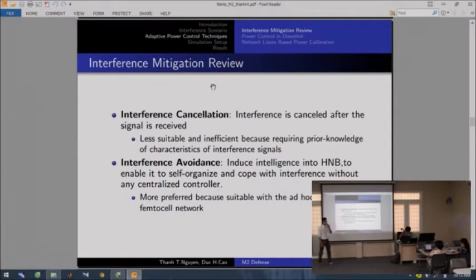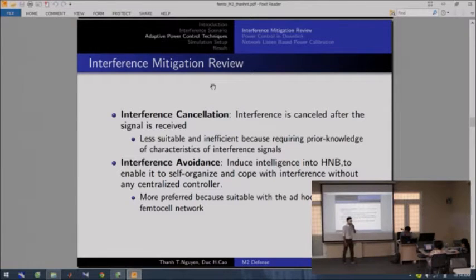We go for interference avoidance because it's more preferred and suitable for the ad-hoc nature of femtocell networks. Unlike the macro network, which is planned by the operator so that they minimize the interference between the macro cells, the femtocell is used by customers who don't know about interference.